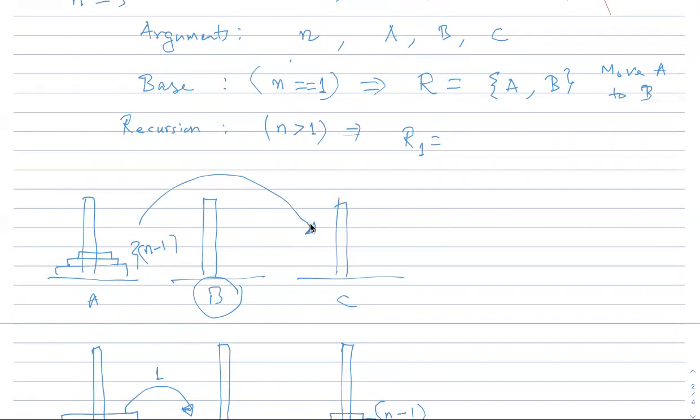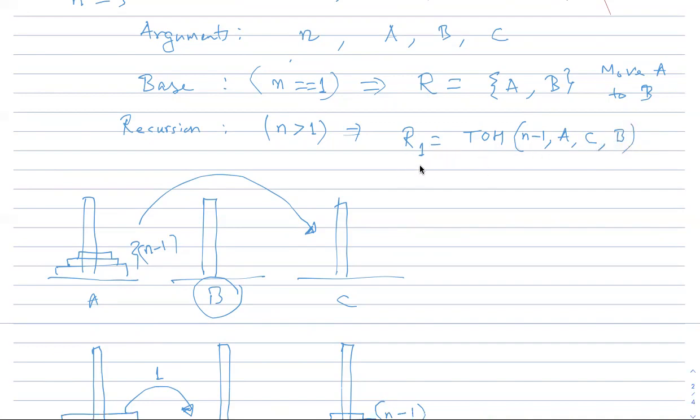The sub problem here is that we are learning to move n minus 1 disks. It's the headache of this recursive function to figure that out, however way it figures out, from A to C with the help of B. Because the first argument is the source, the second argument is the target, and the third argument is with the help of.